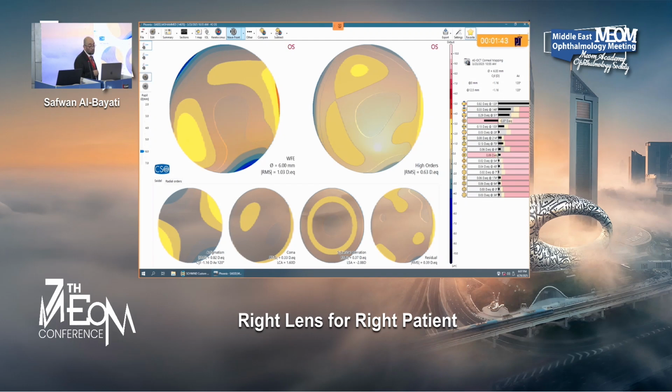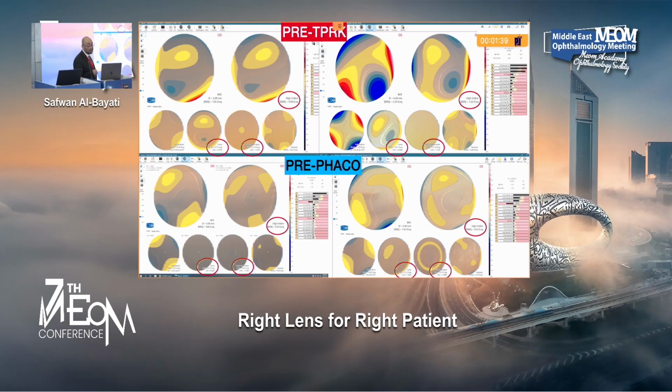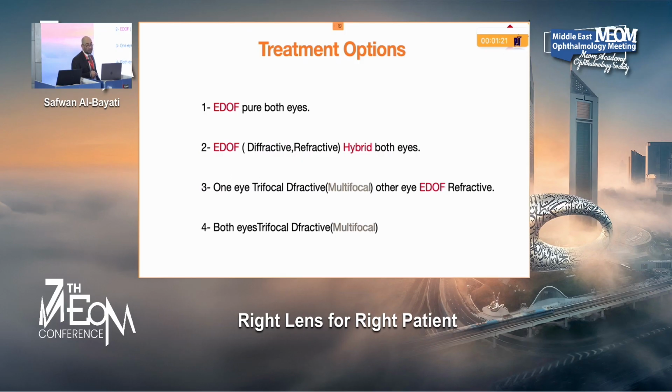Now it dropped to 0.6, coma 0.3, spherical aberration 0.37, and that's the difference between pre-trans-PRK and pre-phaco. Unfortunately it's not clear, but we dropped all the coma and spherical aberration below 0.5. So he is ready for our options.